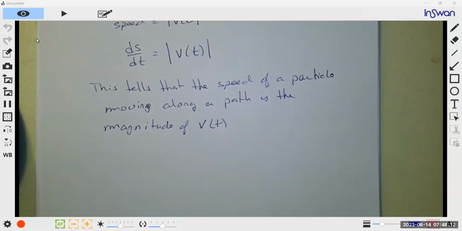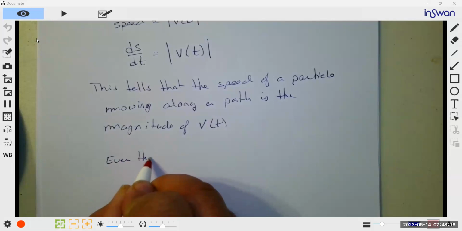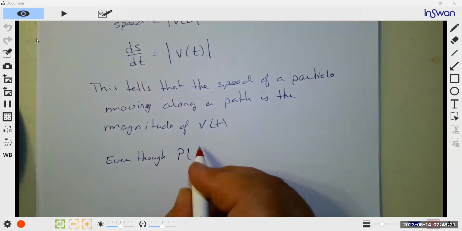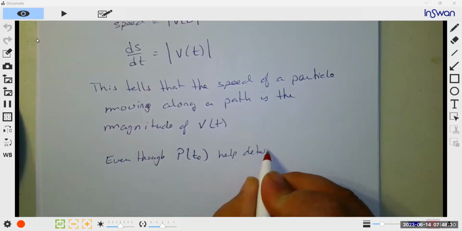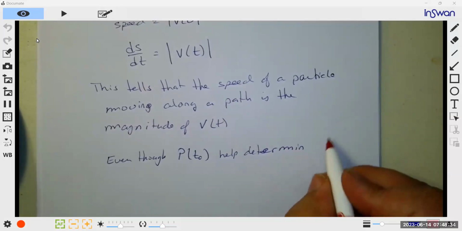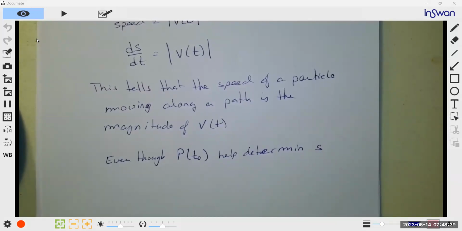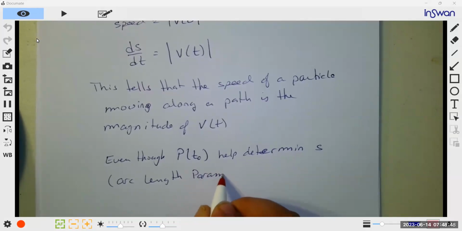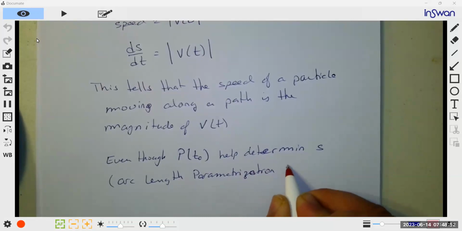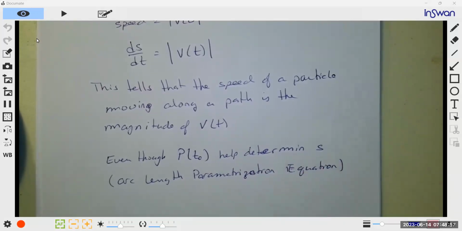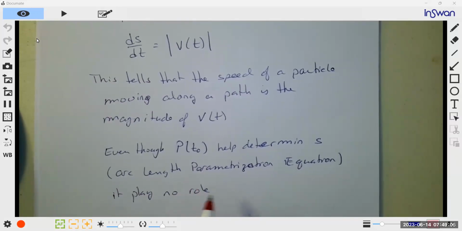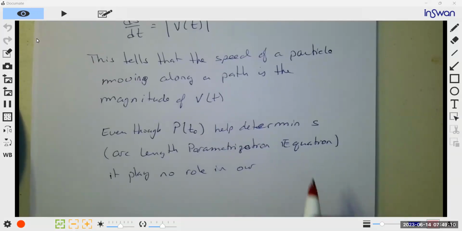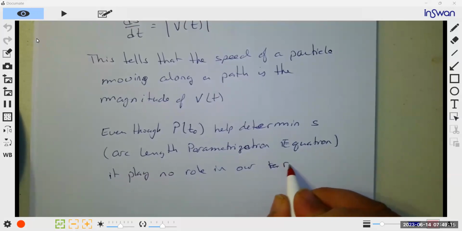Even though our base point, P sub 0, helps determine s, our arc length equation, it plays no role in our reparametrization.